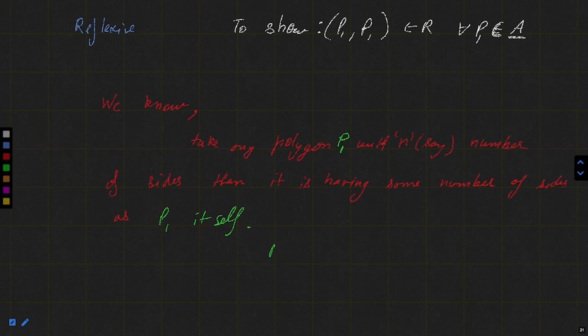So this means (P1, P1) belongs to the relation R for every P1 belonging to the set of all polygons. Why do we say P1 paired with P1 belongs to the relation R? Because the number of sides in this polygon is the same as the number of sides in this one, since both polygons are the same.